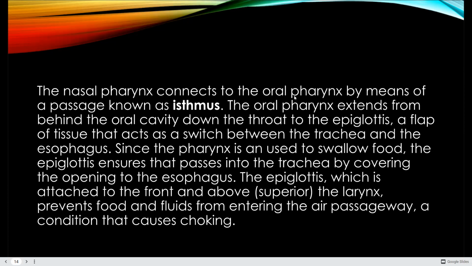The epiglottis, which attaches at the front, above the larynx, prevents food and fluids from entering the passageway, a condition that causes choking. In vernacular, it's tukan, choke. Because the passage of air is actually blocked.